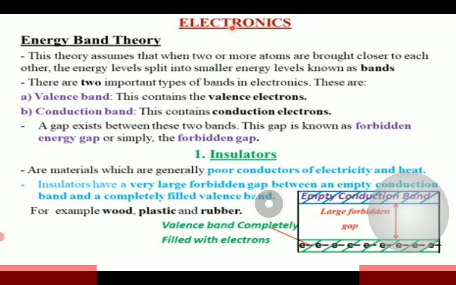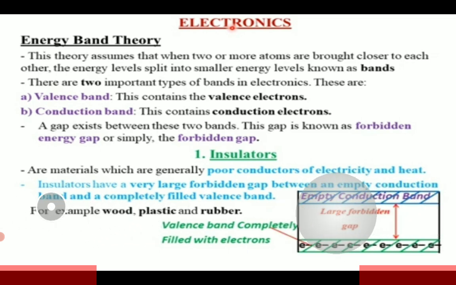Usually the reason why insulators don't conduct electricity at all is simple: they have a very wide, very large forbidden gap. The forbidden gap disallows the electrons from jumping from the valence band to the empty conduction band.